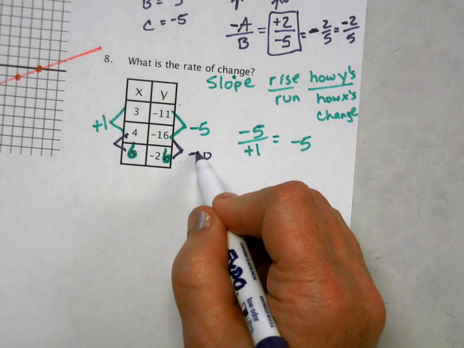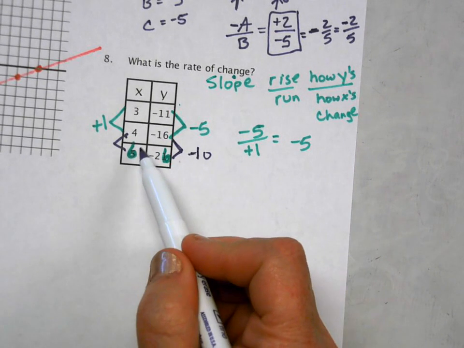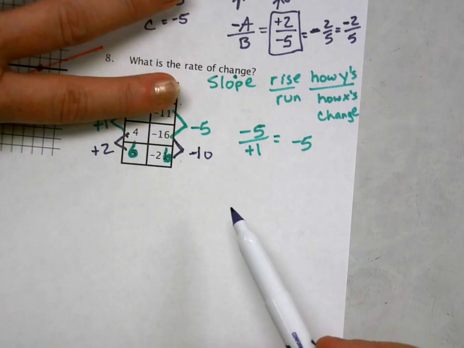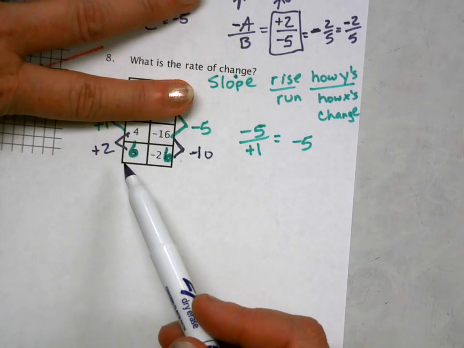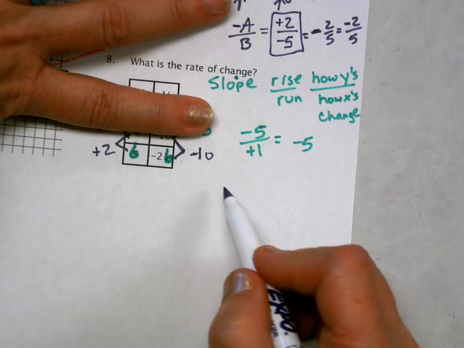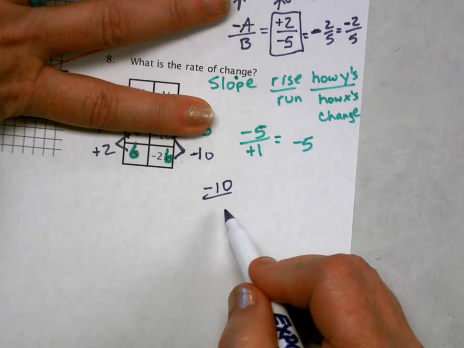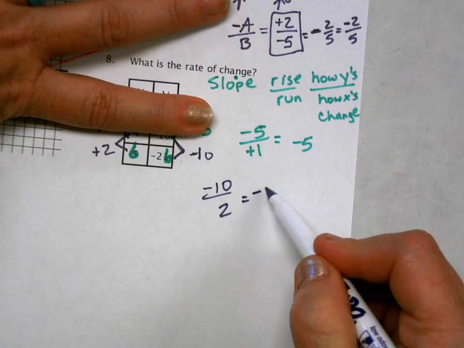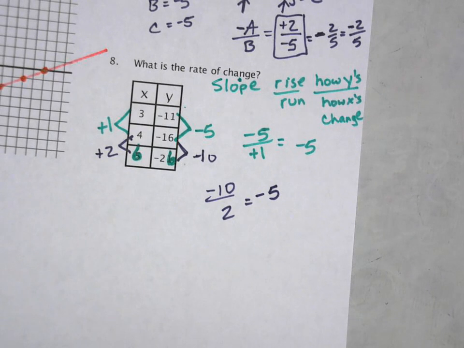Minus 10. Okay. And what's my change over here from 4 to 6? As long as I'm still using the same two coordinates, the same two rows, okay, then it still simplifies down exactly, right? Doesn't negative 10 over 2 still equal negative 5?